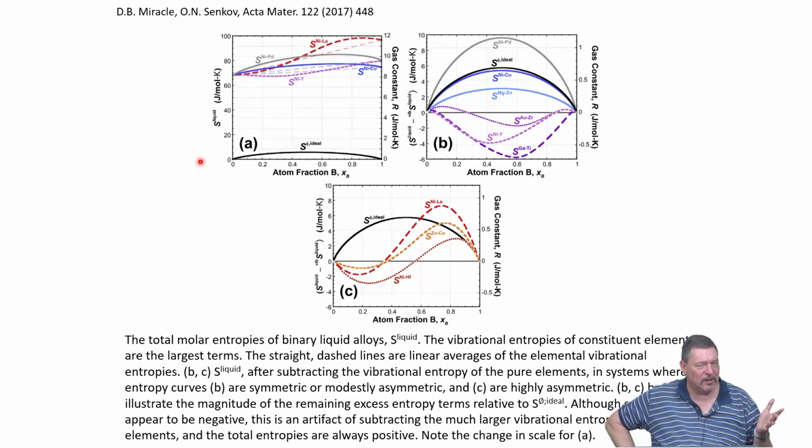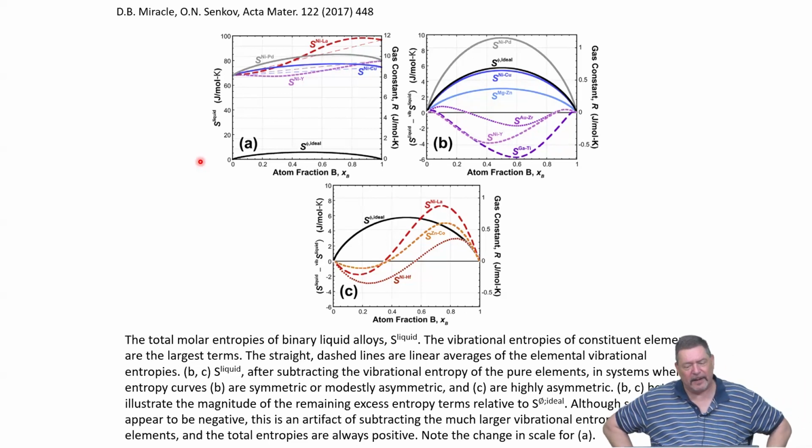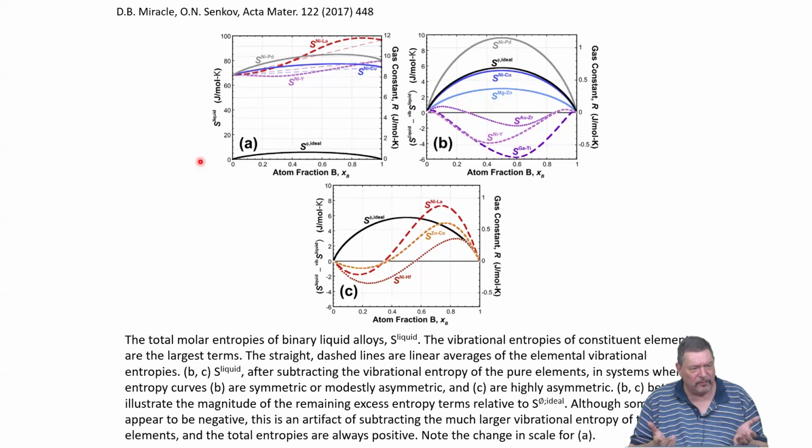It's what we call the complexion number, the number of distinguishable different configurations. But there are also other sources of additional entropy: magnetic entropy, vibrational entropy, and especially the vibrational entropy could be much larger than the mixing entropy.